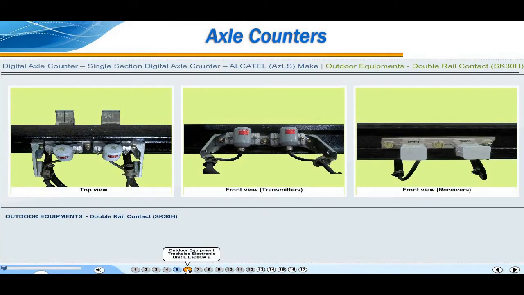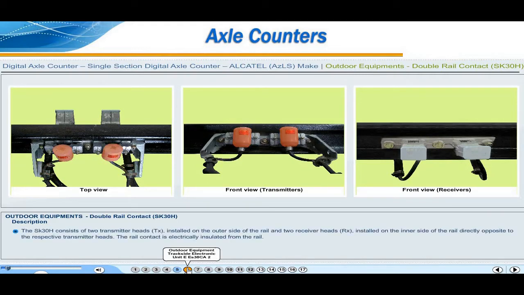Outdoor equipments, double rail contact, that is SK30H. Description. Its main parts are transmitter head, receiver head, protective hose, fixing parts for hose.